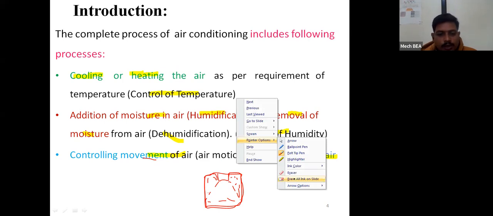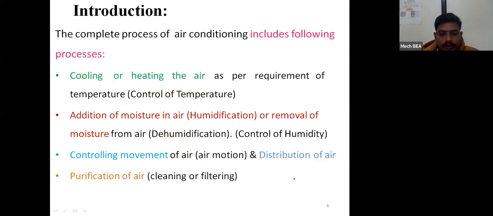Then, apart from this, we simultaneously have to control the purification of air. Purification of air means proper cleaning as well as filtration of the air. Though you are controlling the temperature, the humidity, and the motion and distribution of the air, if that air contains some contaminant, or if the smell of the air is not proper, then the human beings sitting inside that enclosed space will not feel comfortable.